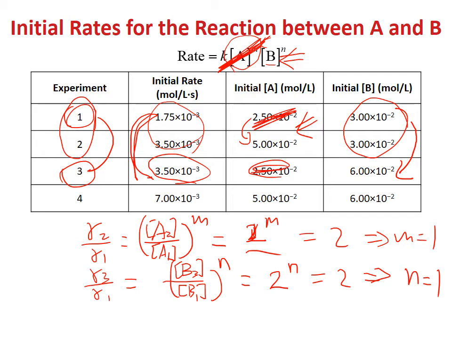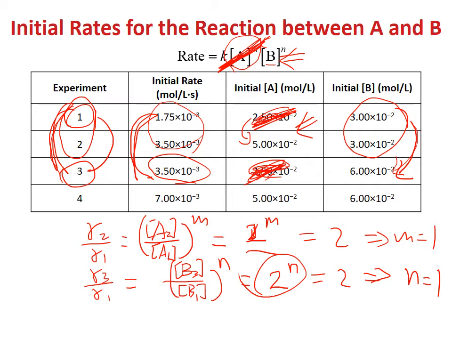Now you may ask, when can n equal 2? Well, if we compare 1 and 3, and we keep A constant, so again A is the same. Now B also doubles. So in theory, this is the same because we increase the concentration of B twice.